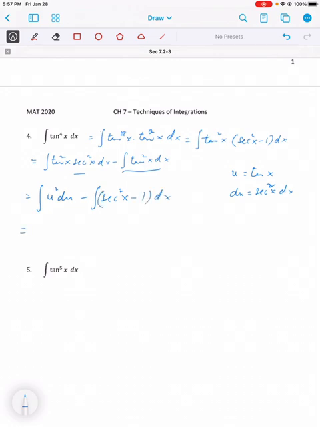So now this first integral is u cube over 3 minus tangent of x plus c. Go back, substitute u, so we get tangent cube x over 3 minus tangent x plus c.